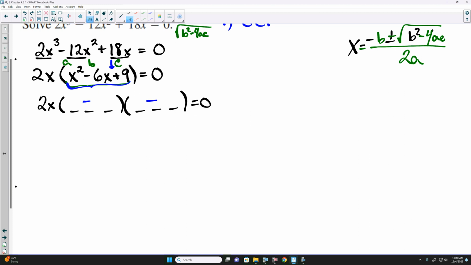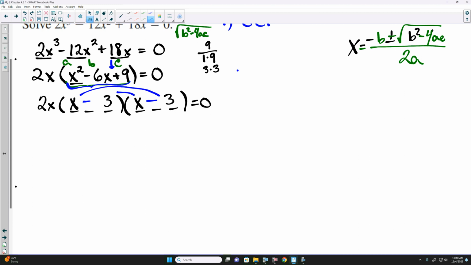Our factors of x squared, well, the only two things multiplied to give us x squared are x and x. And lastly, our factors of 9. Which one do we want to try first? 3 and 3. Now we can check this off to the side and see if we have the correct set of factors.